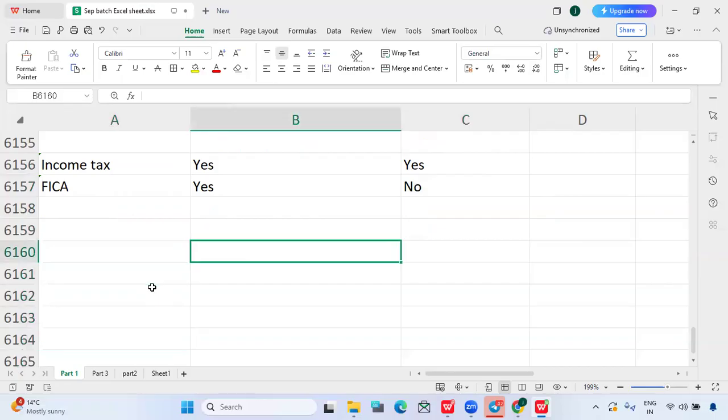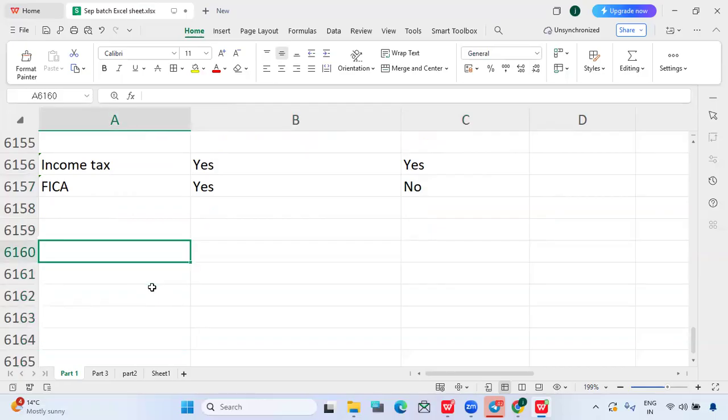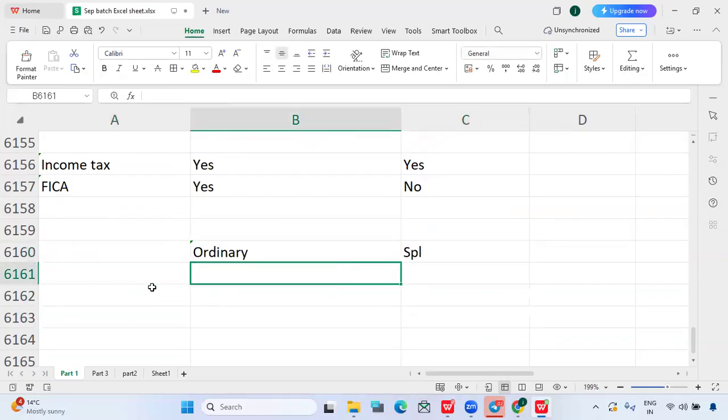In the USA, we have two types of tax rates: ordinary tax rates and special tax rates.